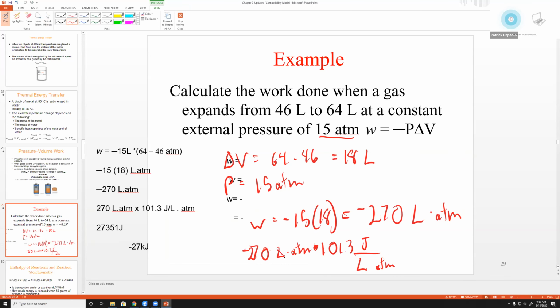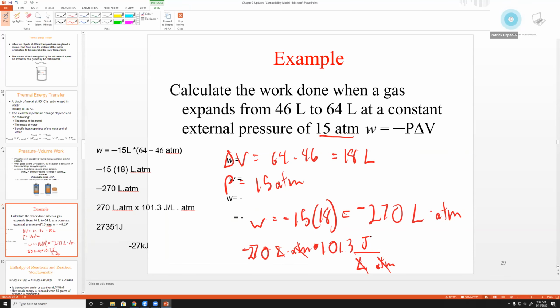You see how liter and atm would cancel out, and joule would be your final value, and you would get 27351 joules, or by sig figs, which nobody cares about anymore, it would be negative 27 kilojoules.